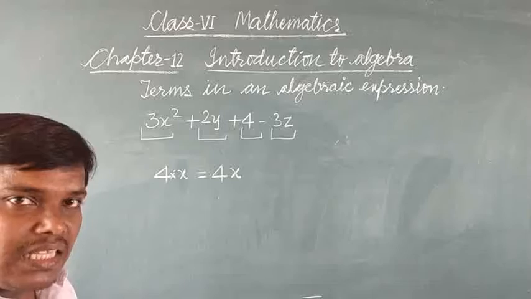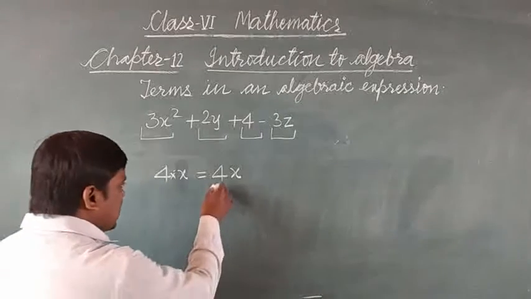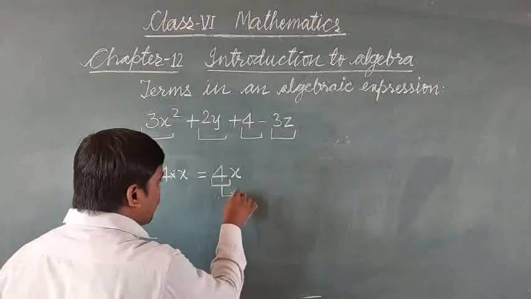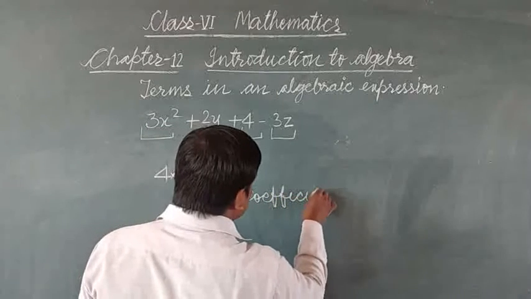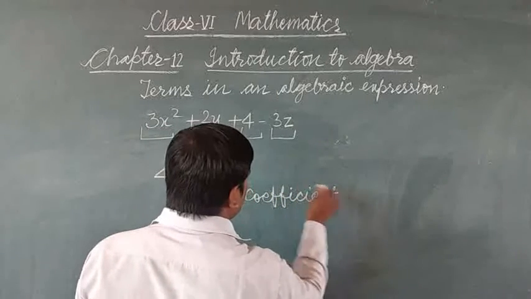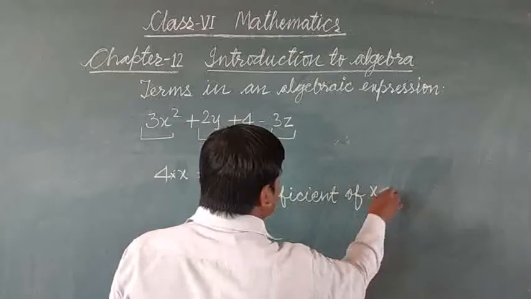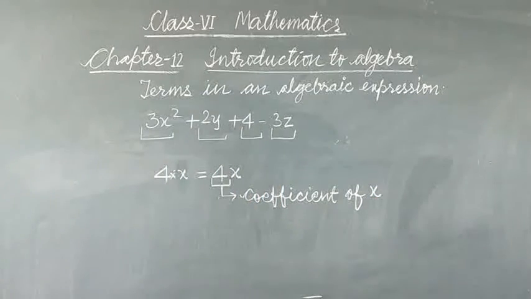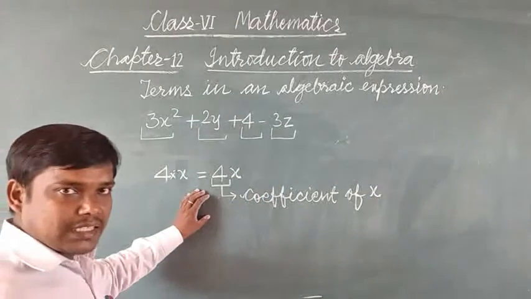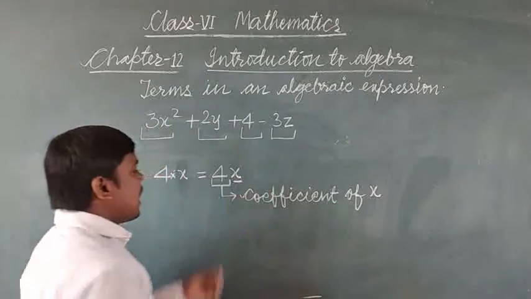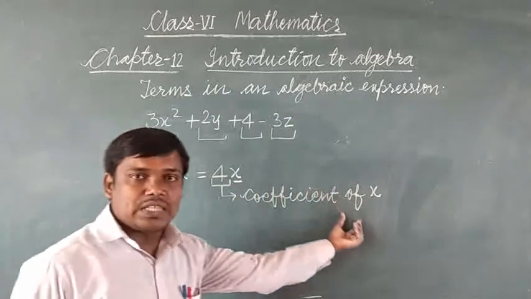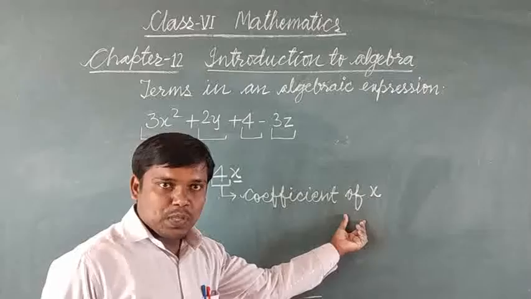In this case, this 4 is the coefficient of x. We have the variable x, and this numerical value is called the coefficient of x.